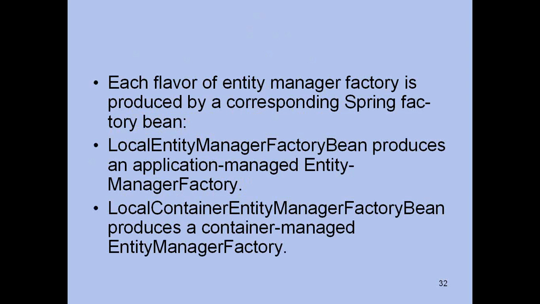Each flavor of entity manager factory is produced by a corresponding Spring factory bean. For an entity manager factory bean to be produced, we need a Spring factory bean, and there are two. One is the local entity manager factory bean that produces the application managed entity manager factory.